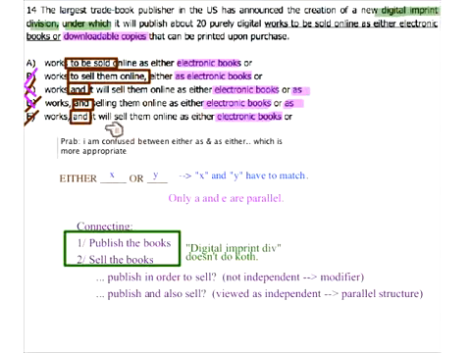Publish to sell, or publish to be sold, means that this is the intention of publishing them and that they're not independent. So the way to make that decision is to realize the sentence is about a printing division of a company. It's not about a printing division and a sales division. It's just about a printing division. So this interpretation doesn't make sense.